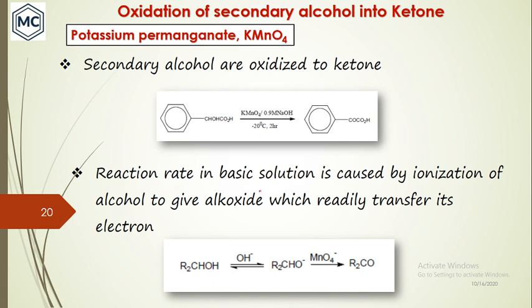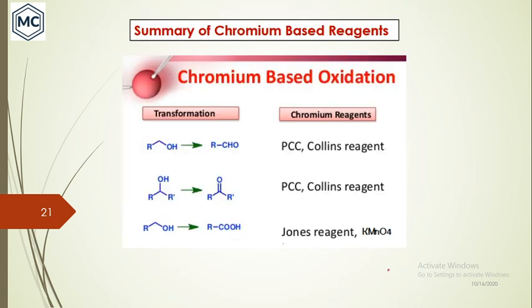And the reaction rate in basic solution is caused by ionization of alcohol, and this is in basic condition. Alcohol can first ionize to give the corresponding alkoxide. This alkoxide readily transfers electrons, and it undergoes oxidation to the corresponding carboxylate anion.